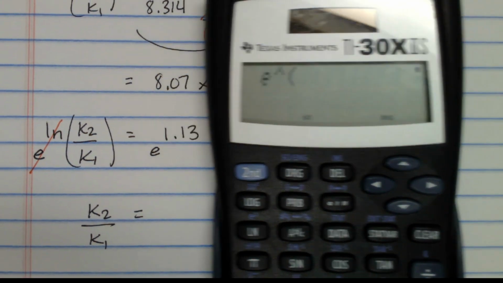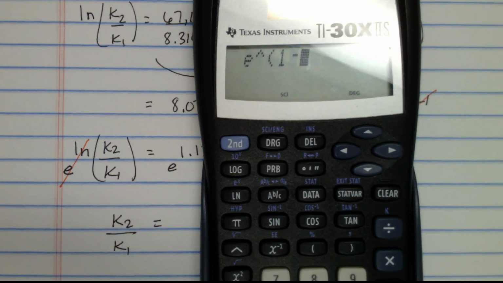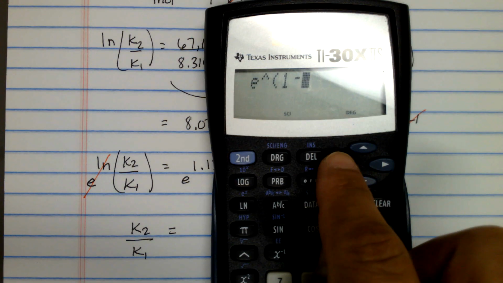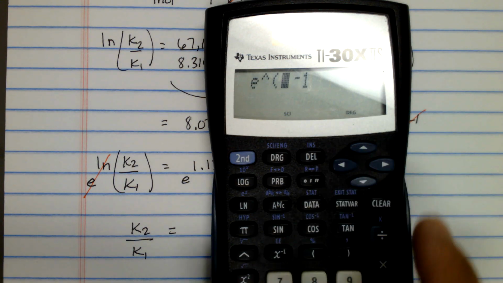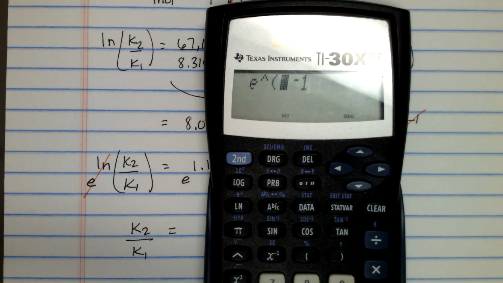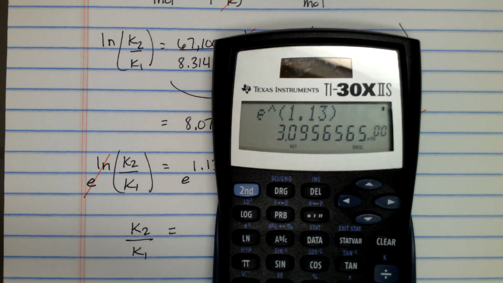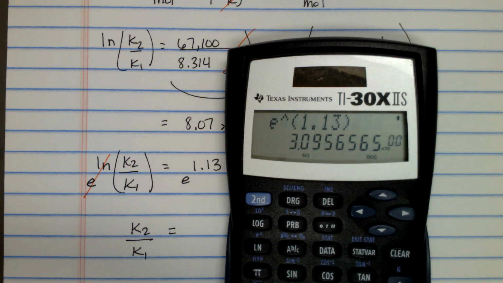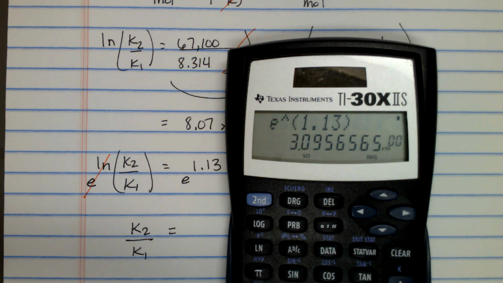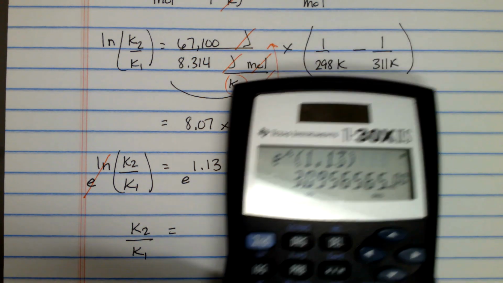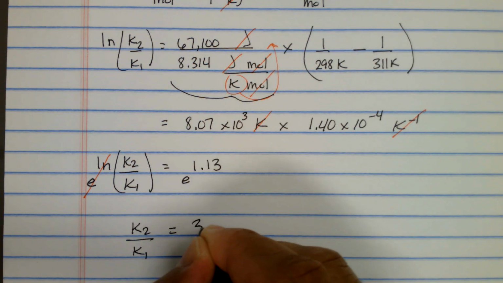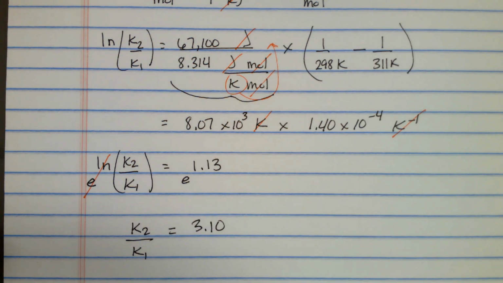So this is e raised to the 1.13. And the answer here is 3.095. I'll go ahead and round that to a 3.10. No units.